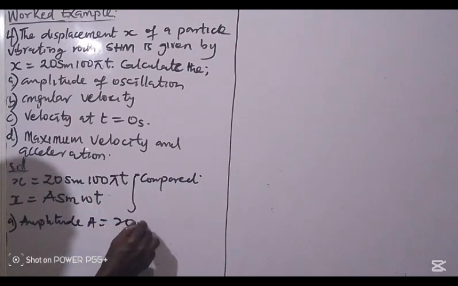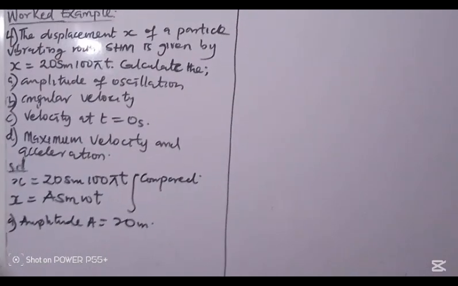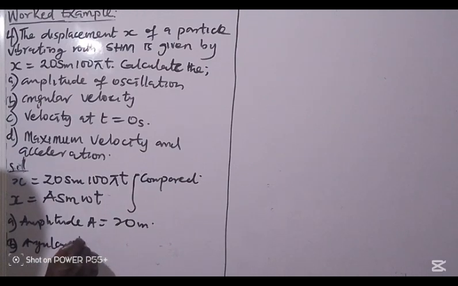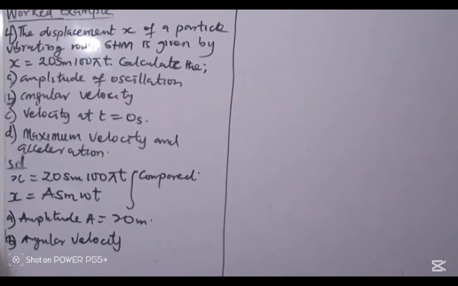The second question says we should calculate angular velocity, that is omega. B, angular velocity. Use the same two equations. Take this one and this one.